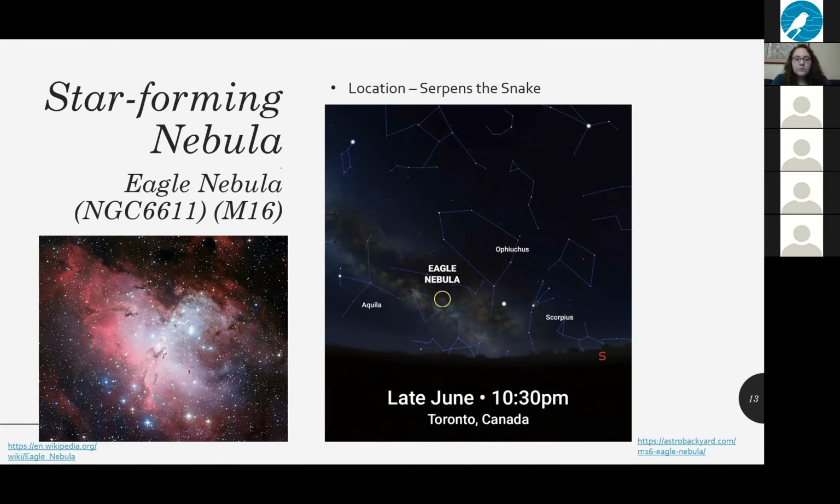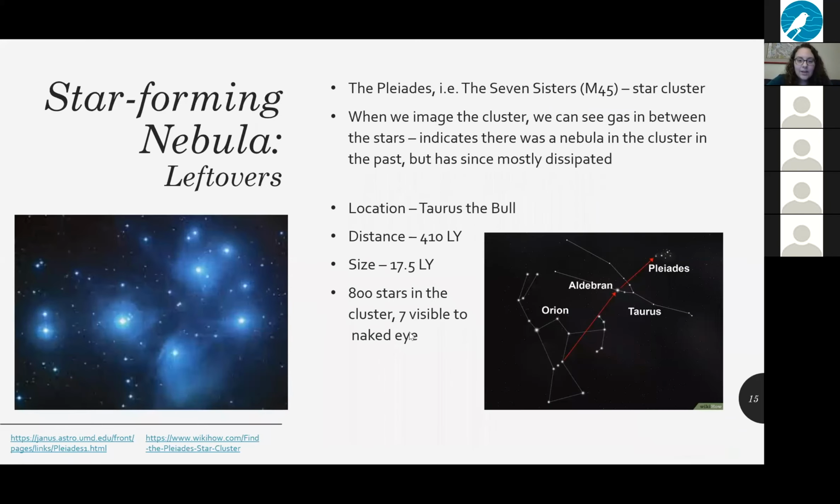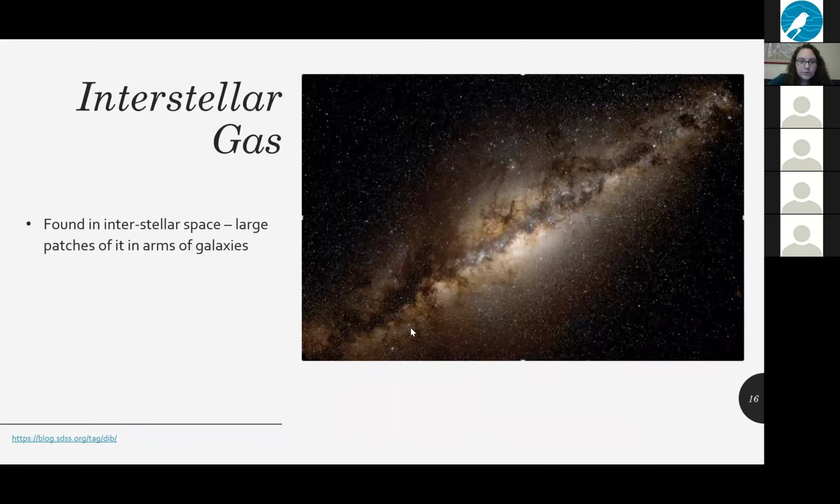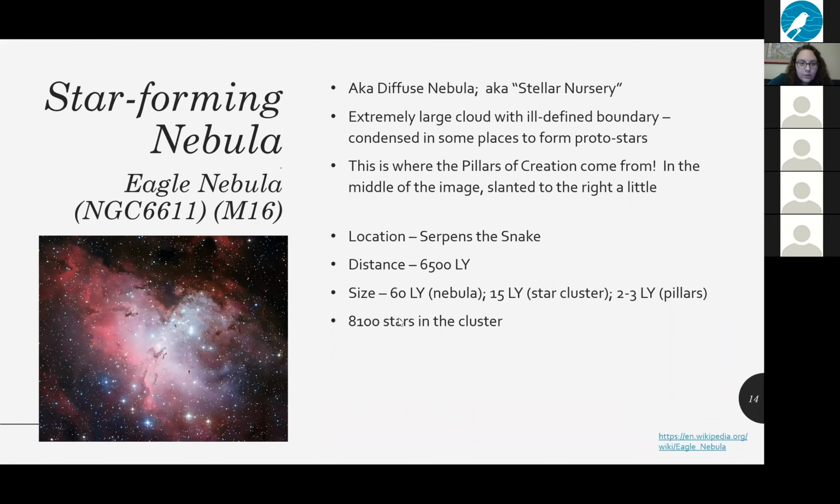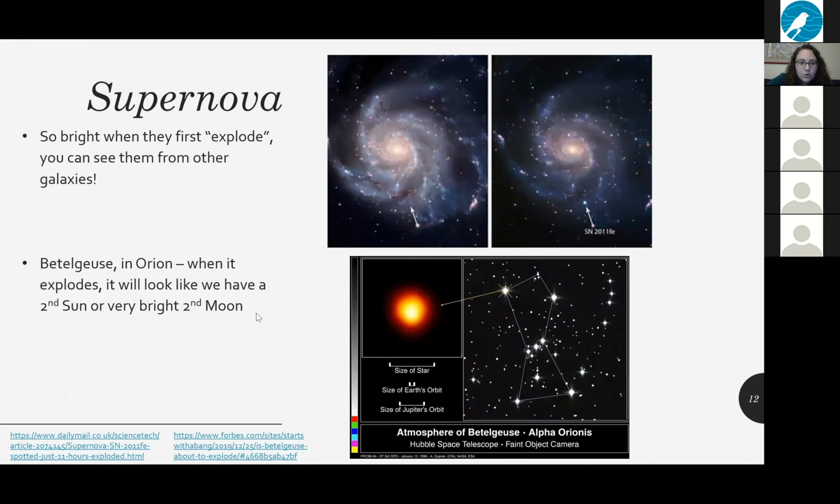Okay, another question from the Fehrenbach family. If Betelgeuse exploded, would it be as bright as the sun? So, let me come back to it. It would look like we had a slightly dimmer sun or a slightly brighter than normal full moon.